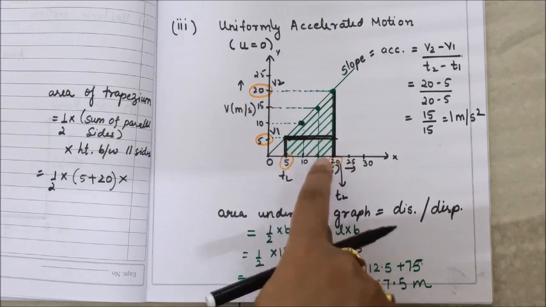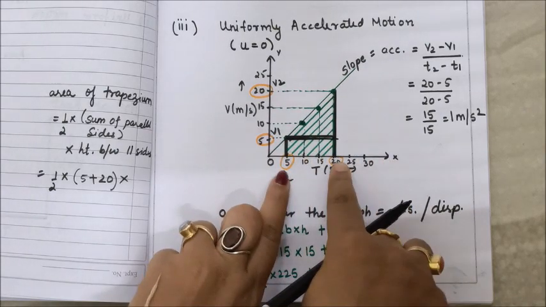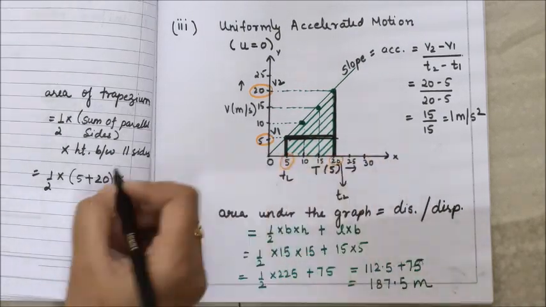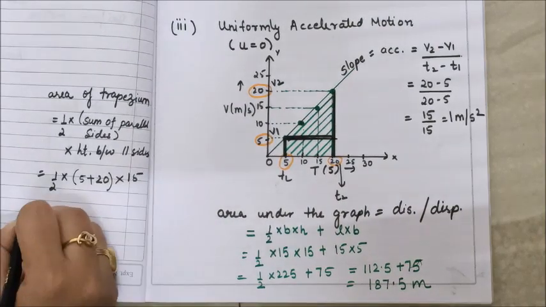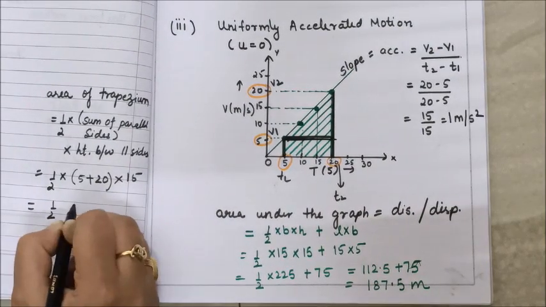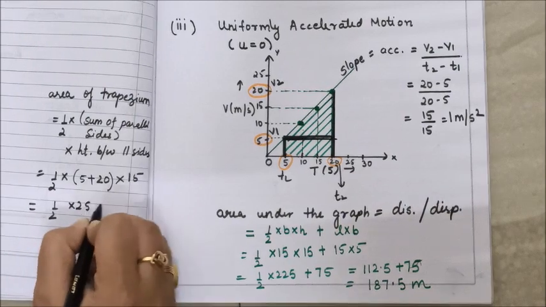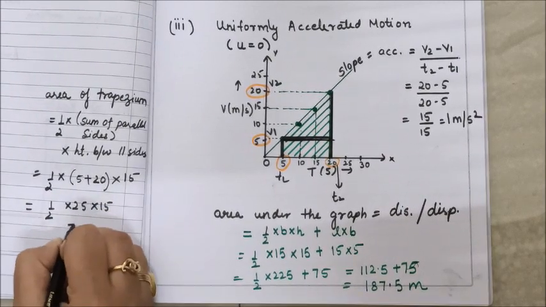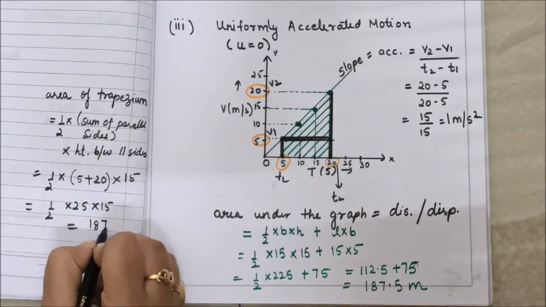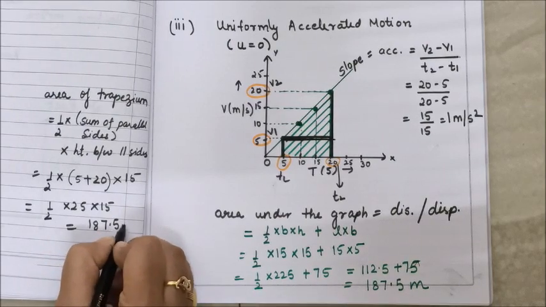So the height between them is from 5 to 20, so 20 minus 5 is 15. I get half multiplied by 25 multiplied by 15, which is equal to 187.5 meters.